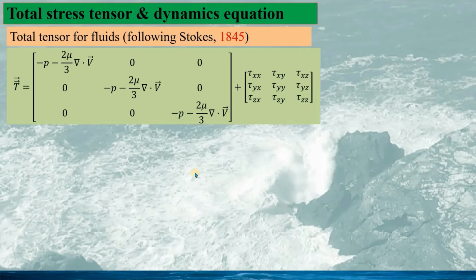Now we come back to the total stress tensor, which now is written as this. Here we see the pressure and the effect of the fluid compressibility would have the same feature. So in the derivation of the Navier-Stokes equation, the pressure and the fluid compressibility would be treated in the same way.